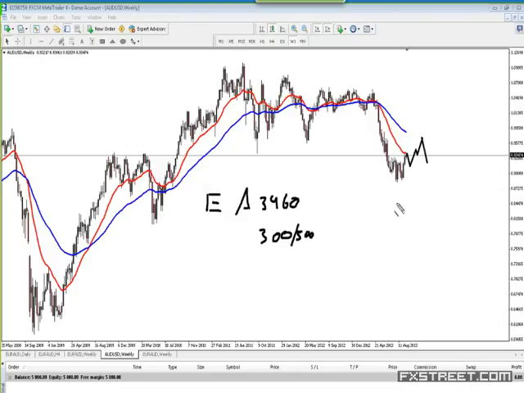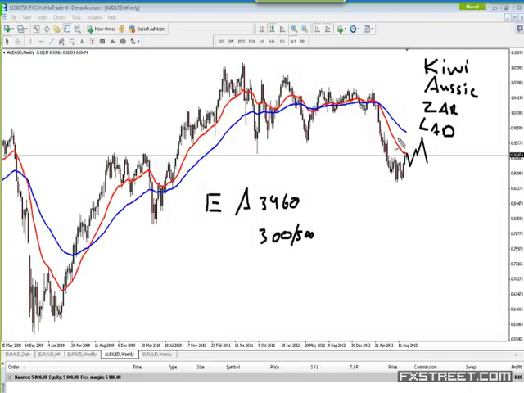So if the dollar is setting up to get strong, we're probably going to now go and look at things like Kiwi, Aussie, ZAR. Had a great time in South Africa last month. Kiwi, Aussie, ZAR, maybe even CAD.